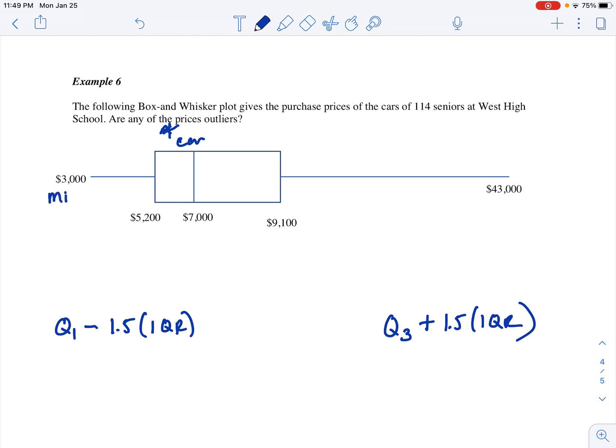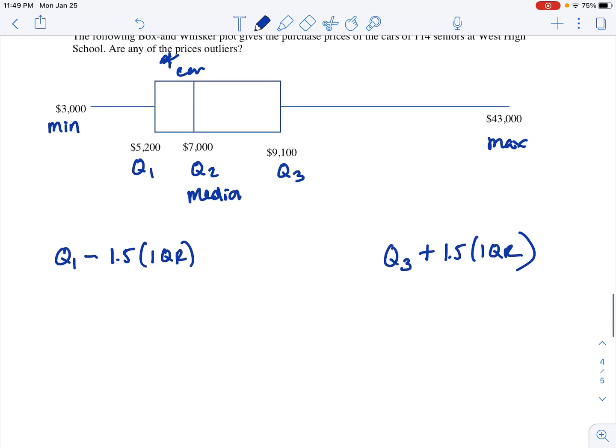So we'll look in there. This 3,000 is our minimum. 5,200 is our Q1. 7,000 is our Q2, which is our median. 9,100, that's our Q3. And 43,000, that's our maximum. So let's figure out this IQR.